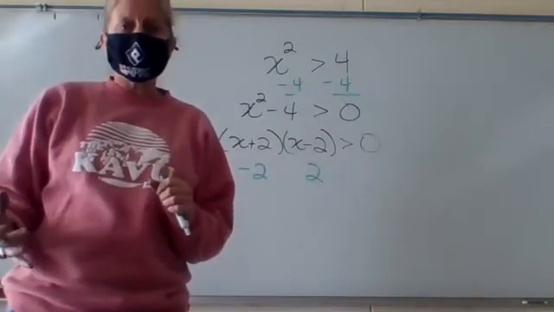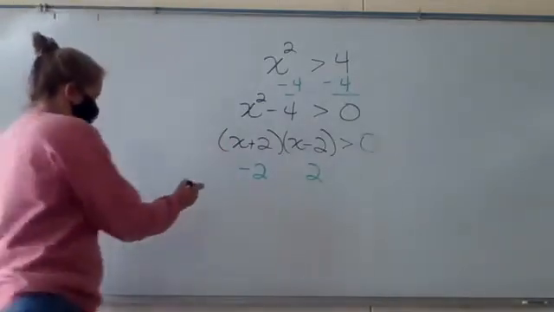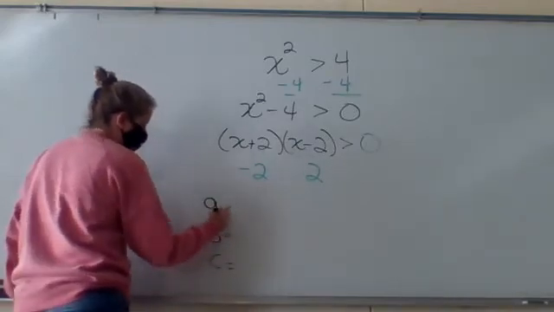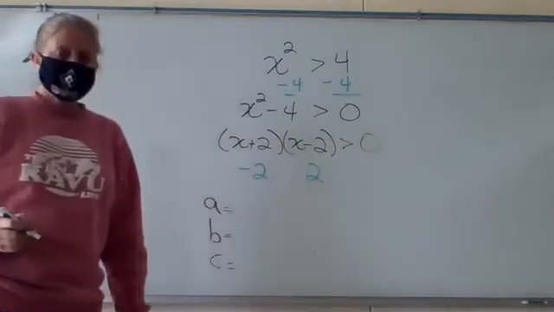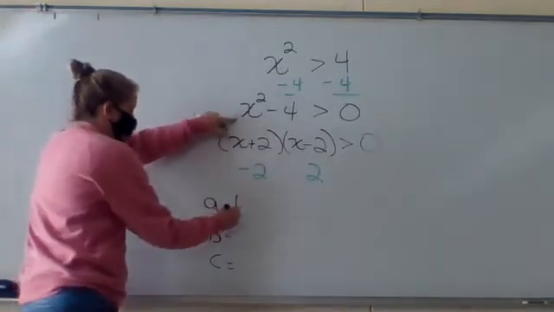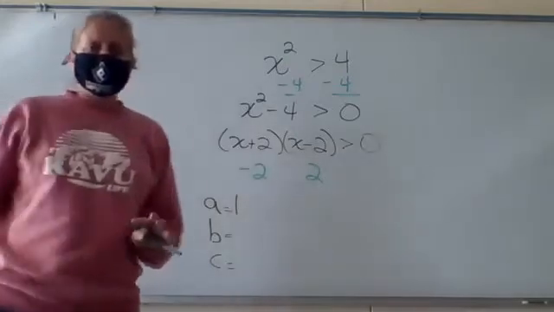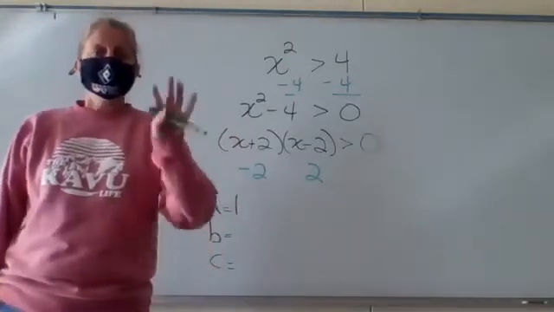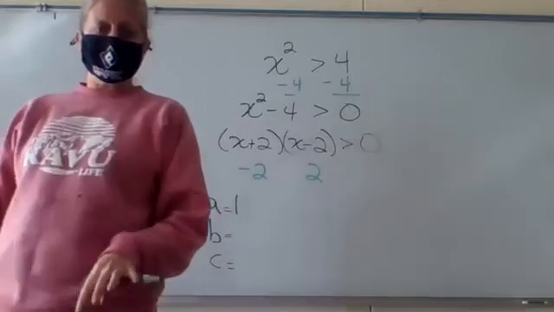It is x squared, but if I do that, it's always going to ask me A, B, and C. A is always the number in front of x squared, which is 1. What is your B? B is not just the next number in the list of terms. B is the number in front of your x.